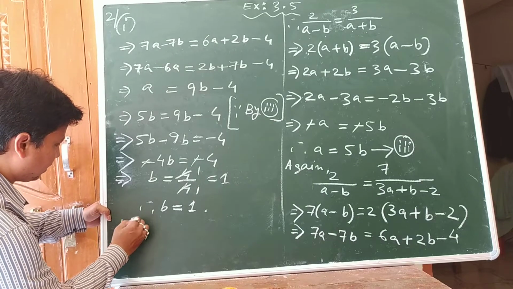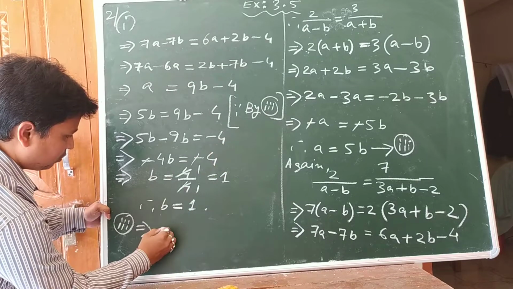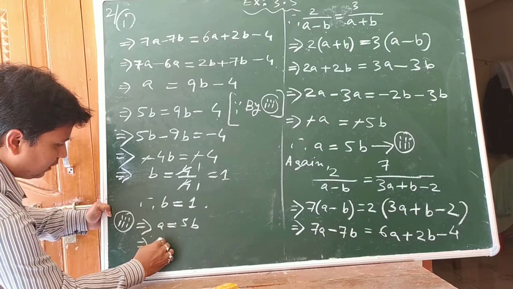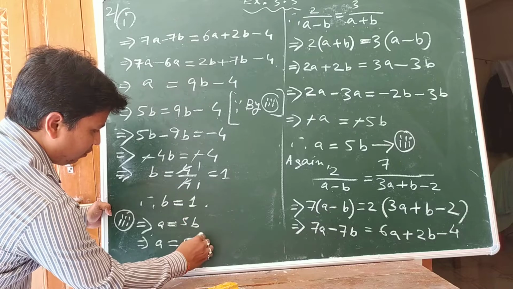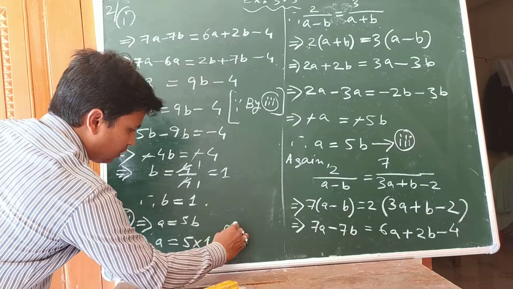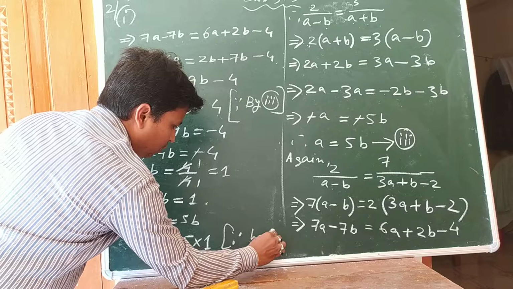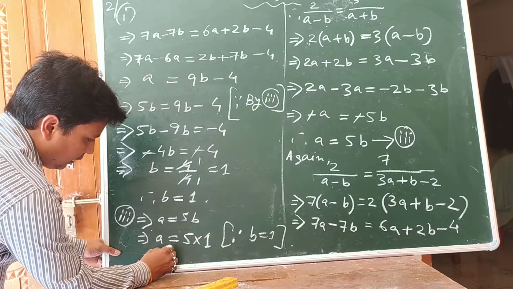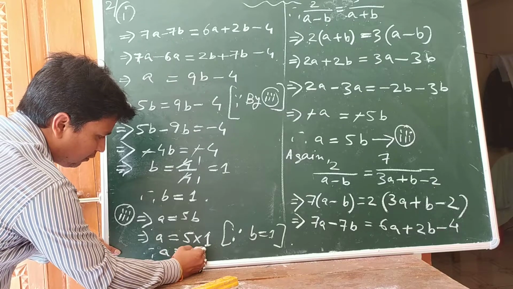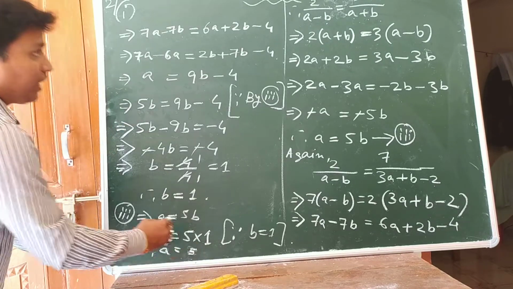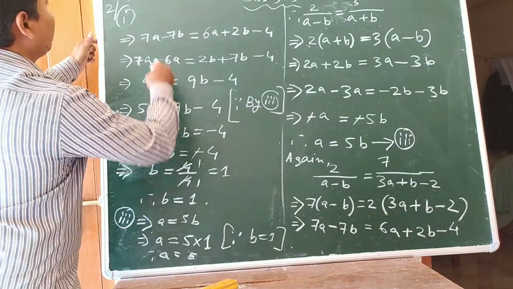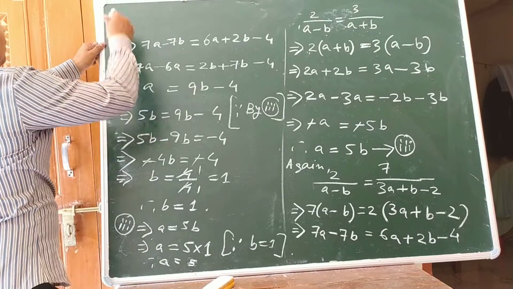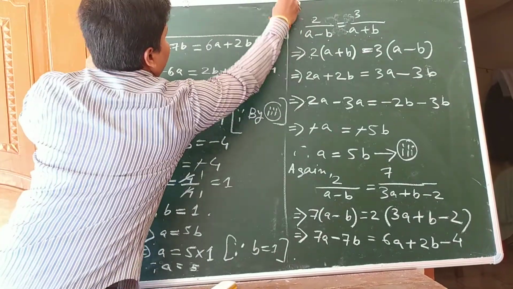So a equal to 5 into b, and b equal to 1, then we are getting a equal to 5.